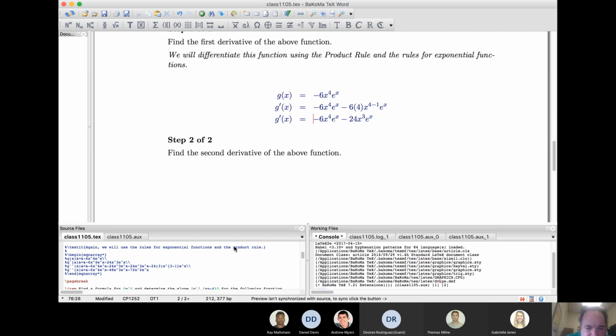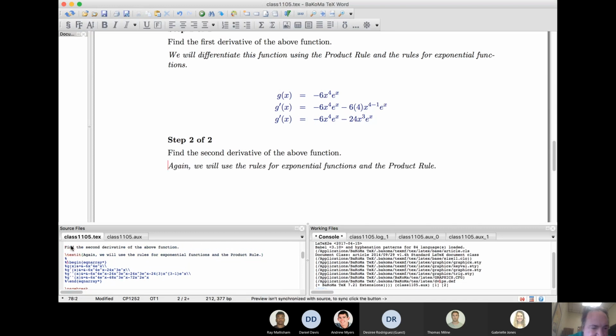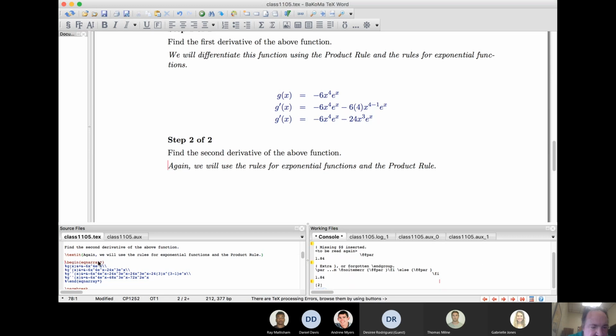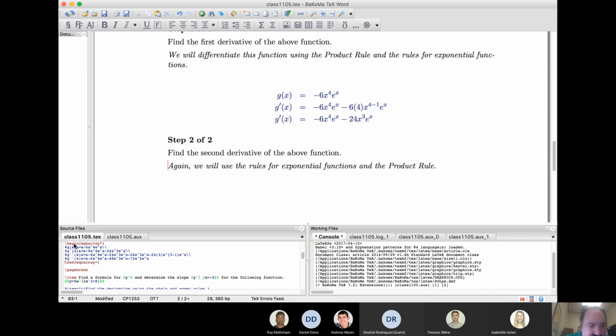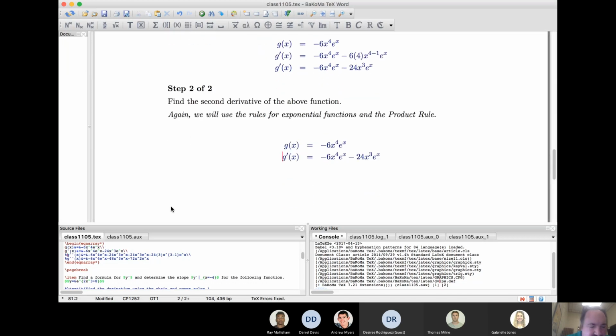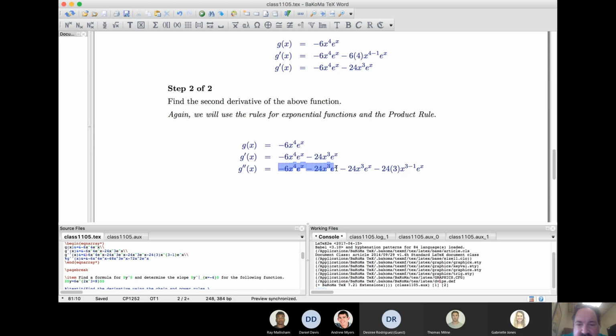Start to do a little editing here. Okay, so here's our original function, here's the derivative, and then we go to use the product rule again. Taking the derivative of this part gives us this, and we know that because that's exactly what we did up here.